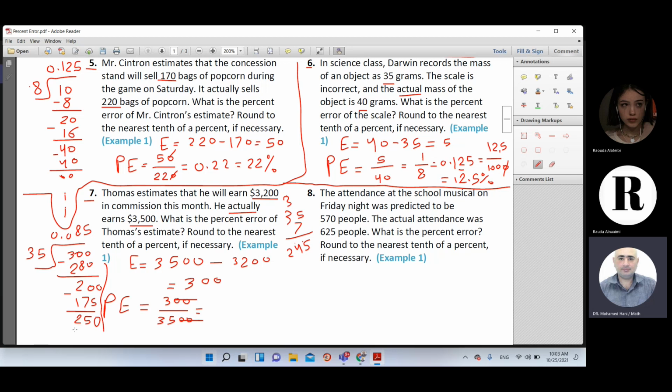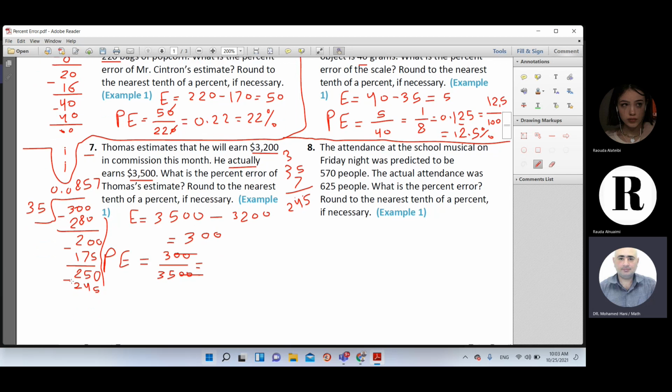So this is the nearest number. And you can write here 7. Then the remainder will be 5. Then we can continue, put here 0.